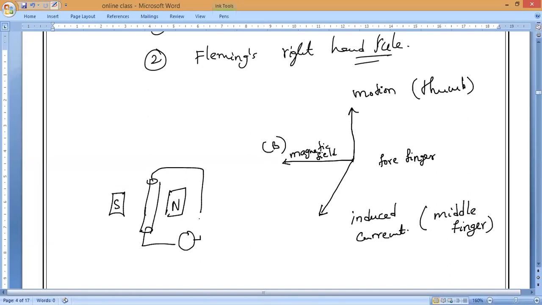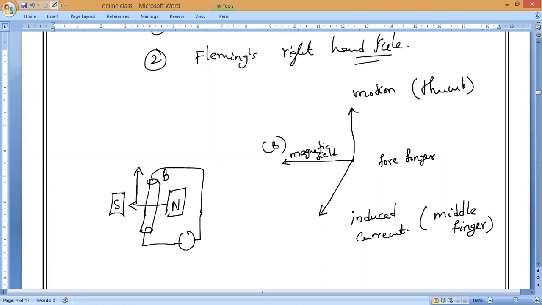Yes or no, Arvind? So if you apply Fleming's right hand thumb rule here, this is the direction of the magnetic field. If the conductor is moving up, and you apply the two fingers, then the third finger indicates the direction of the induced current. So the induced current will be either A to B.